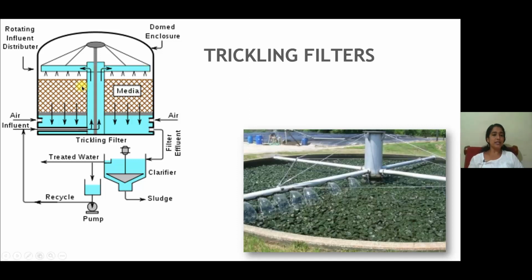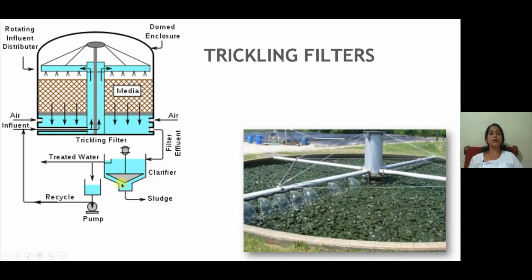You can see the filtration media shown in brown color, where the filtration happens, and the filtered water is collected at the bottom of the trickling filter through the effluent pipelines, which is sent into a clarifier system.